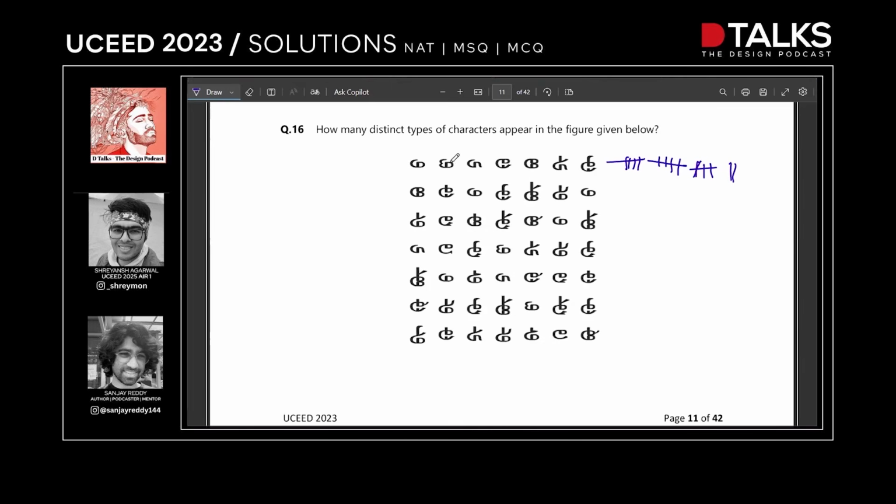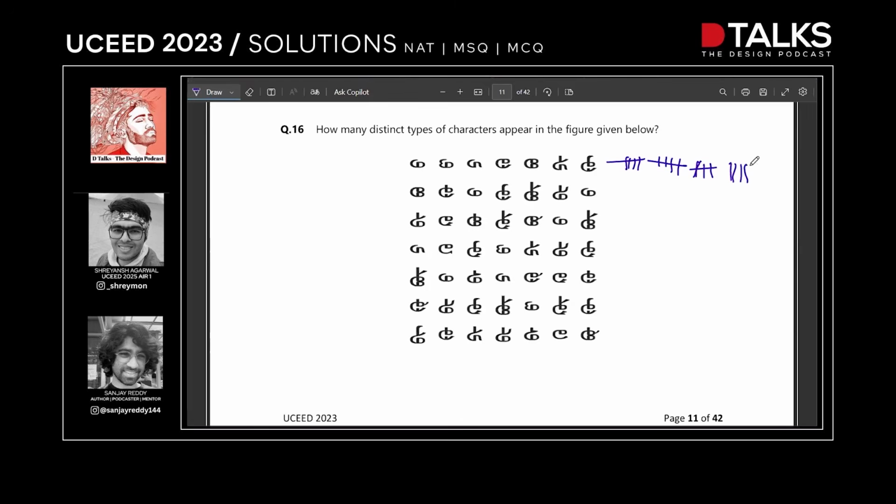This one is there on the top. This one's here. This one has not appeared, I think. No, this one has also appeared. Here. This one's here. This one's there. This is the new symbol, and this is there. This is not appeared before. This is there.